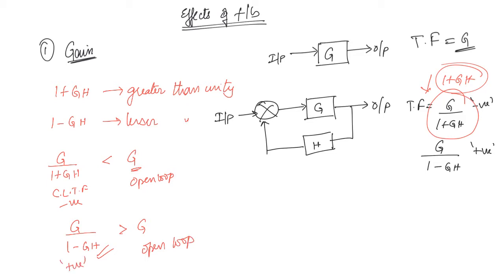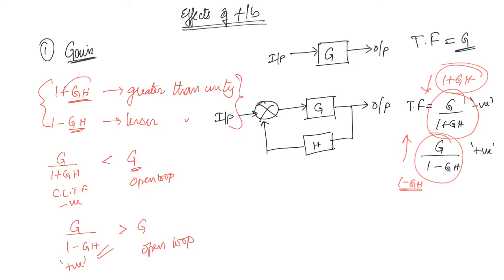So for a positive feedback system, the gain is increasing by a factor of 1 minus GH. One important point that you have to note here is, in general this is correct, but if these GH values are of negative value, then this result will be inverse.